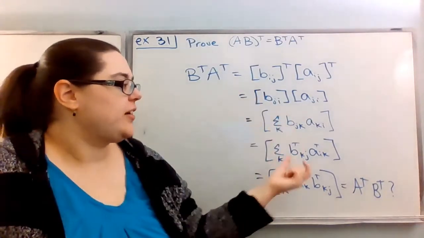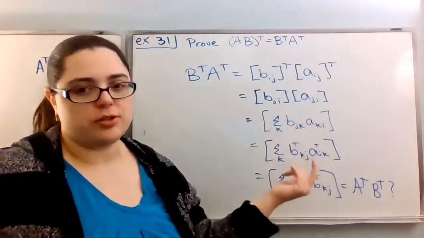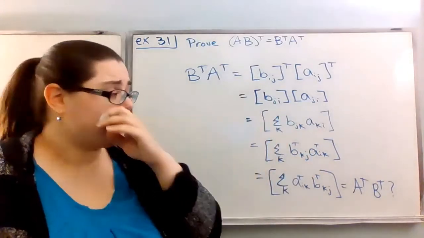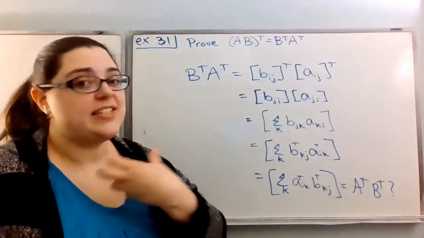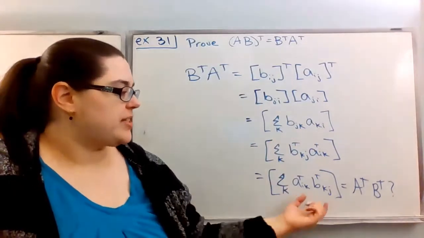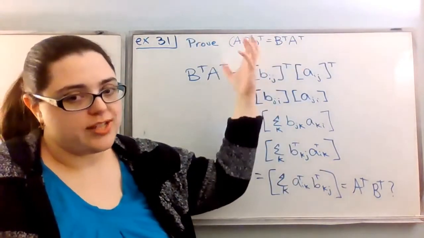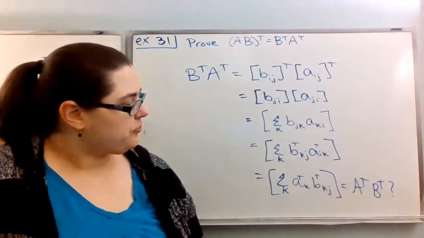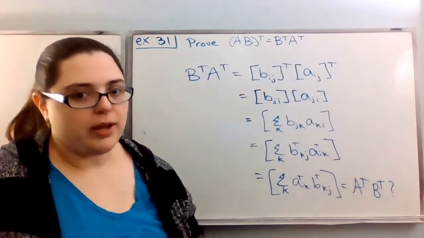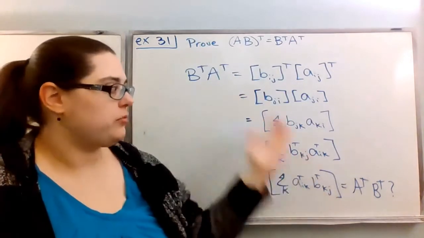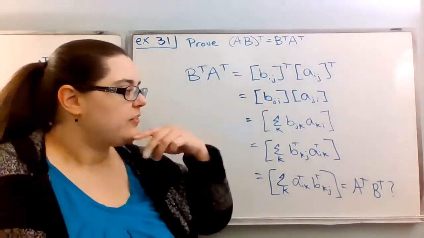Is this trick of switching these and writing those in terms of the transpose going to work? I feel like I need to have that work because I need to be able to switch these in order to get this order switch to happen. But something about the way that I'm going about it is wrong. There's something wrong in this process and I can't figure it out.